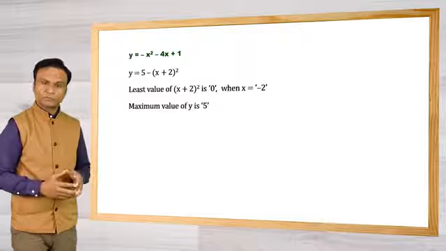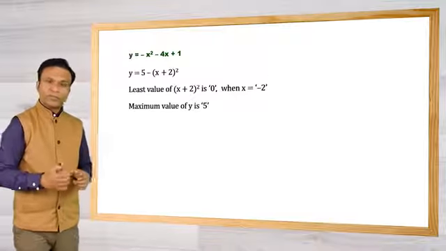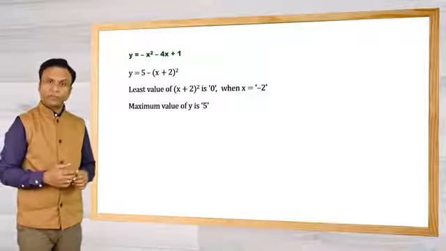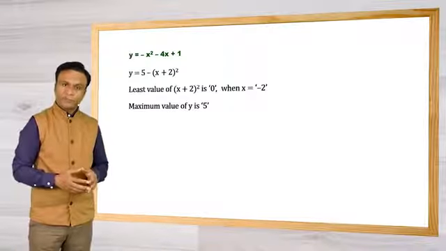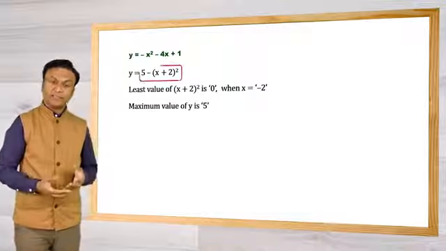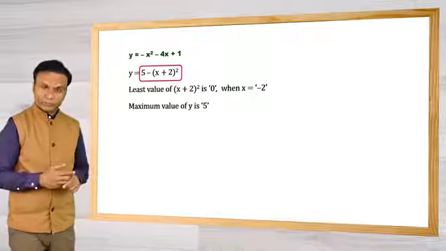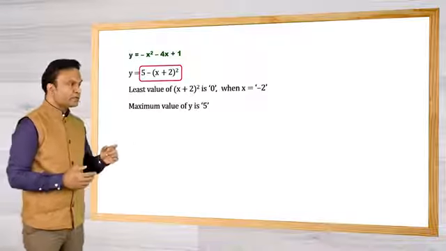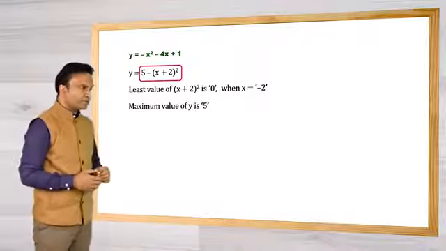Why? Because we are subtracting (x plus 2) square, which is variable, from the constant value 5. So when (x plus 2) square is least, this difference is maximum. So we have y = 5 when x = minus 2.